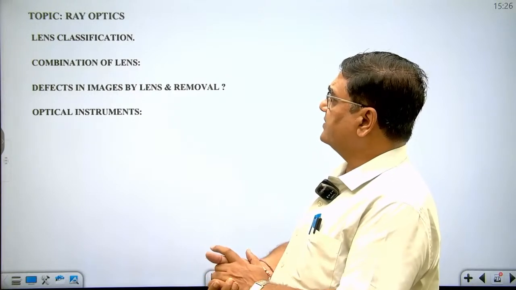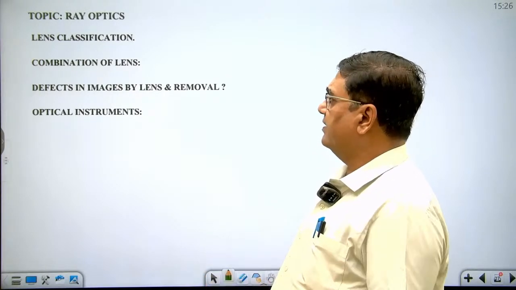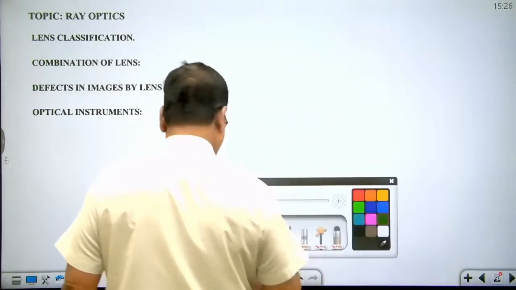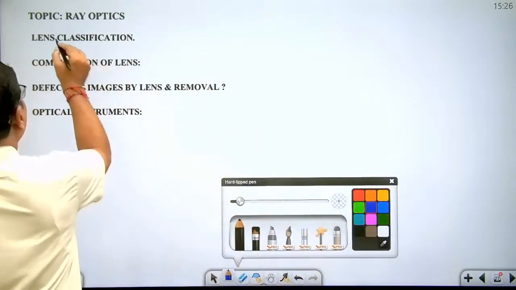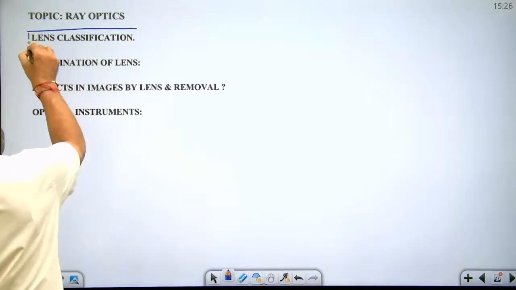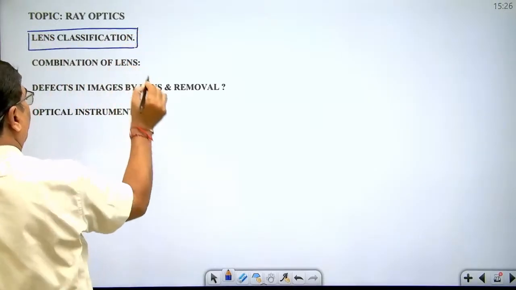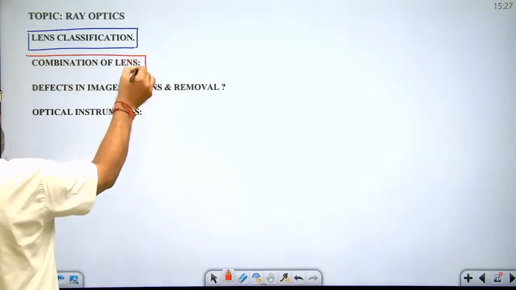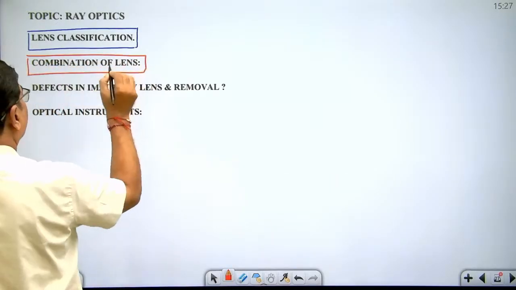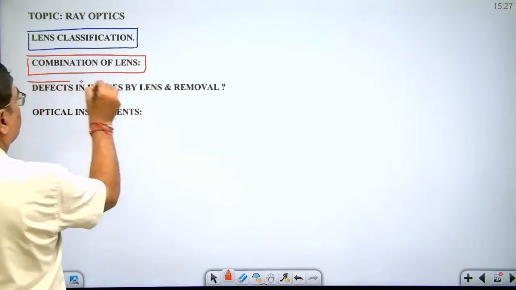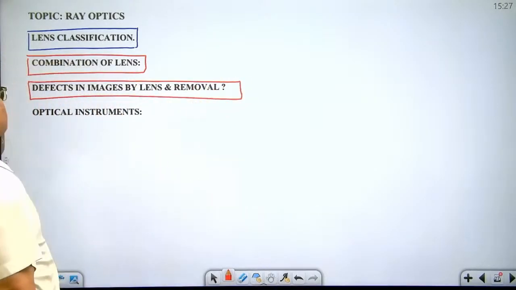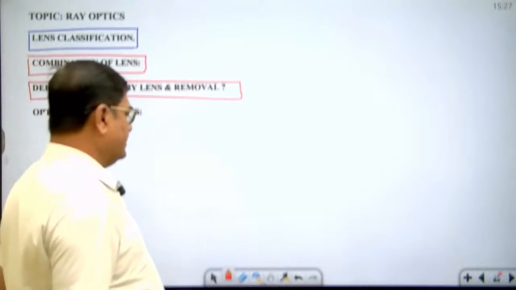All these things we will discuss only for thin lens. If it is a case of thick lens, then we will apply the formula for refraction from curved surfaces. So dear students, today we will try to discuss these things: lens classification, combination of lens. Let's start.